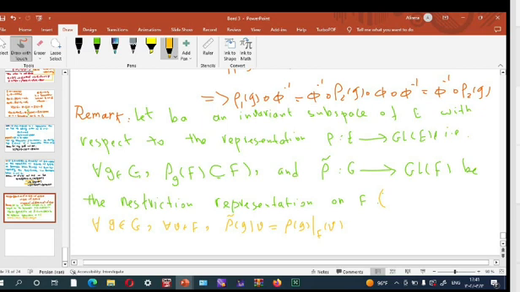And we know that this is an element of F because F is an invariant subspace.